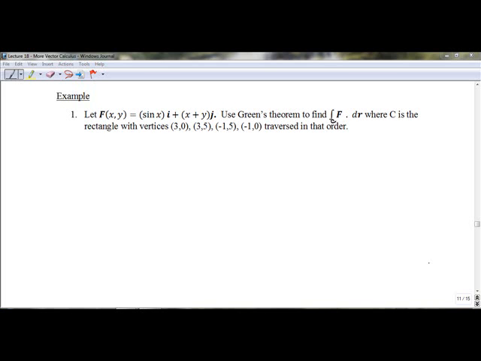Now, let me write Green's theorem here again, so we don't have to go back and forth: the double integral over R of the partial of Q with respect to x minus the partial of P with respect to y dA. The first thing I want you to do is to draw this rectangle, please.